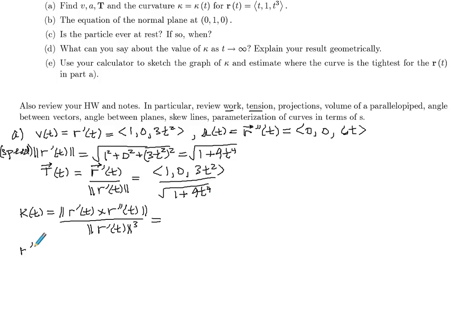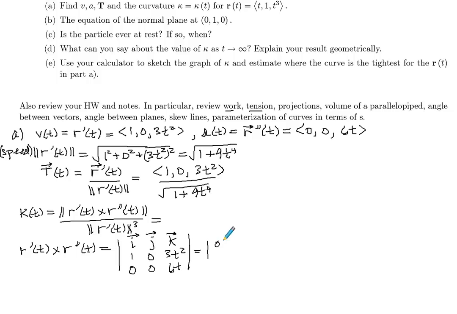So let's find r prime of t, and let's cross that with r double prime. So that's going to be a determinant with i, j, k in the first row. And let's see, r prime goes in the second row, 1, 0, 3t squared. And then r double prime, 0, 0, 6t goes in that third row. And multiply these cofactors out. So take out the row and column for i.